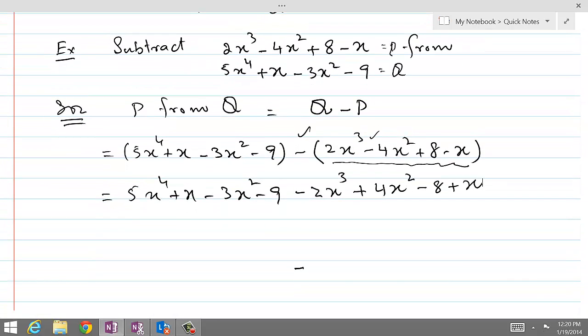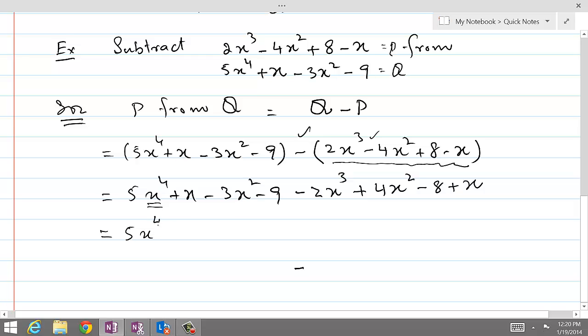And for ordinary addition, as you have seen in the last lesson, we start with the highest degree term. The highest degree term is x4 here, and we group like terms: 5x4. Is there any other term involving x4? As we can see, there is no other term which involves x4.